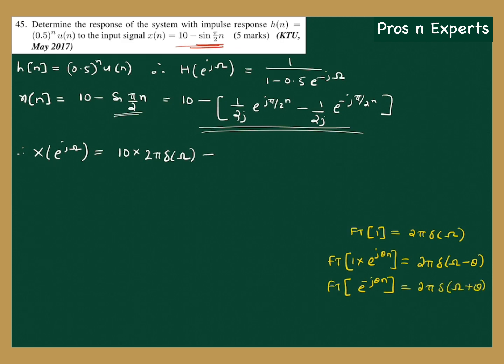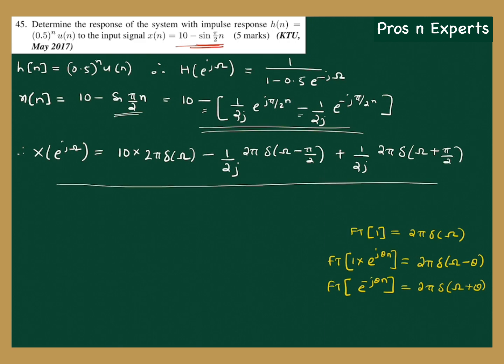With the help of this relation, the Fourier transform of the second term will be 1 by 2j into 2 pi del of omega minus pi by 2, and the next term, you have minus and minus, so plus again 1 by 2j into 2 pi del of omega plus pi by 2. So this is the expression for the Fourier transform of the input.